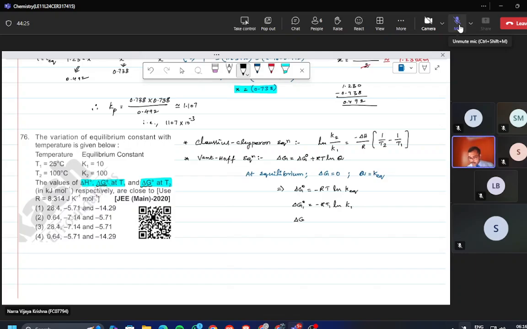Delta G2 naught equal to minus RT2 ln K2. Now, can you calculate delta H here and delta G here, delta G here? All the three values can you calculate now? Solve and calculate.